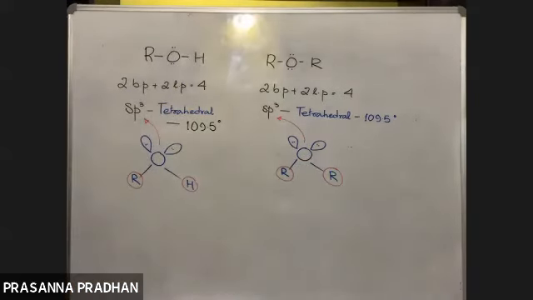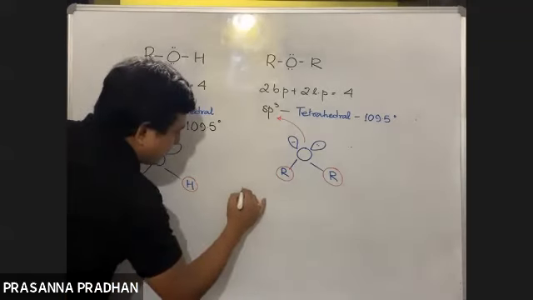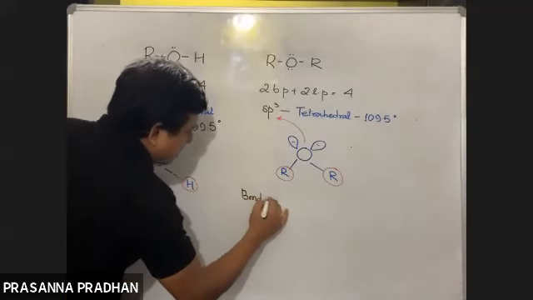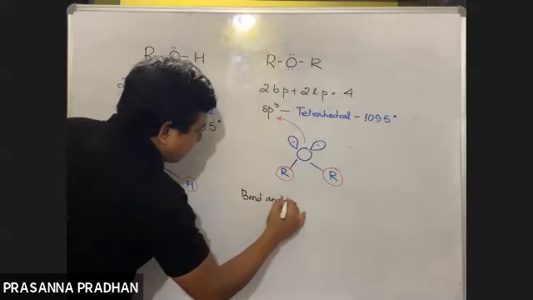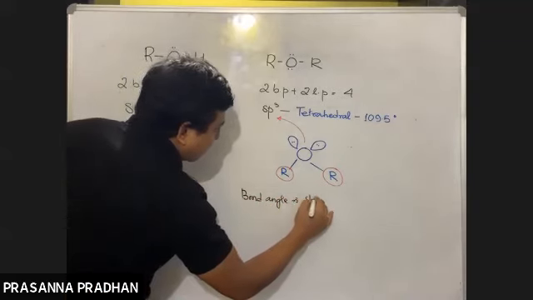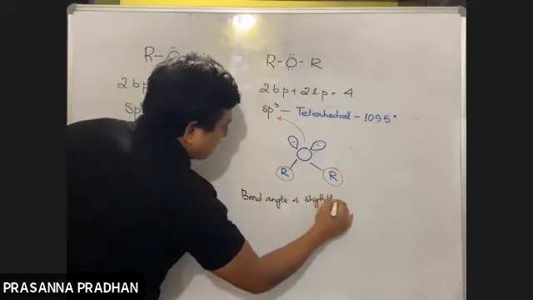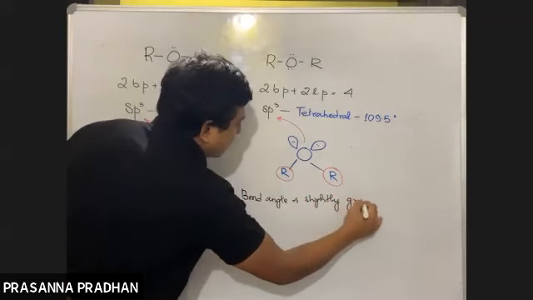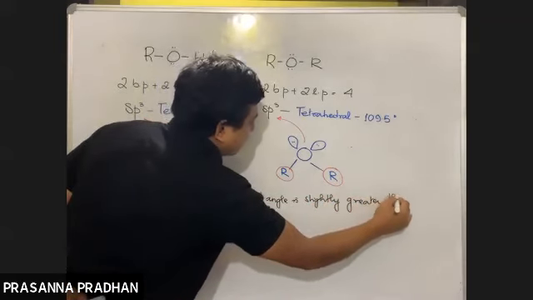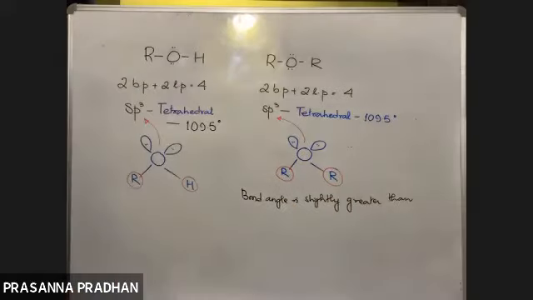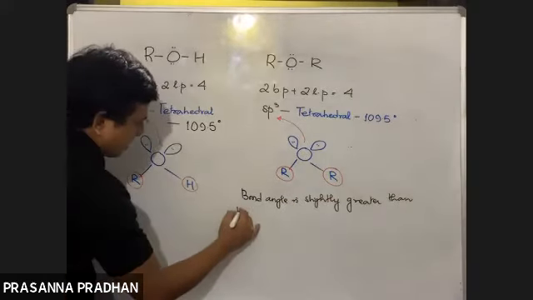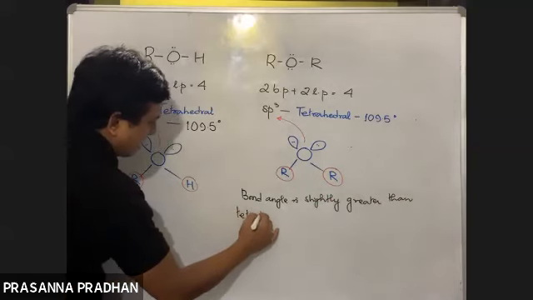So due to steric hindrance, the bond angle is slightly greater than tetrahedral, due to steric repulsion between two alkyl groups. Write down: the bond angle is slightly greater than the tetrahedral angle.